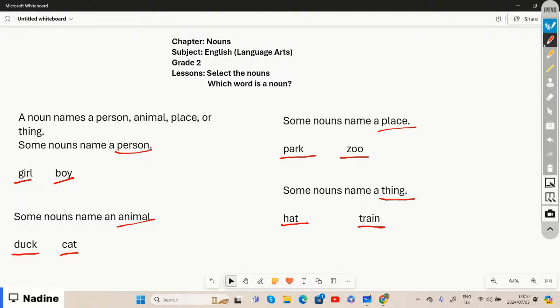So basically, these are nouns, right? And like we said, these nouns, it names an animal, it names a person, a place, and it even names a thing.